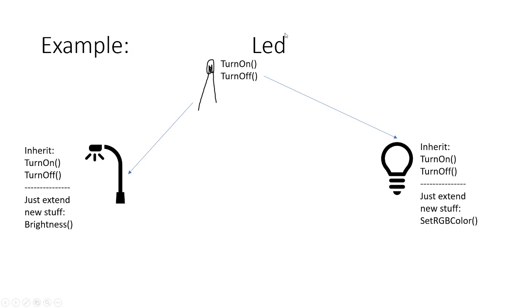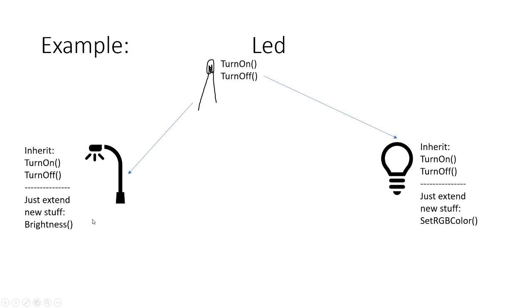So this class is called LED. Now you have other classes that are like further iterations or more complex iterations of an LED. This is a dimmable lamp, so we just can inherit turn on and turn off, and have this functionality that you wrote here, and just extend your new stuff, brightness.